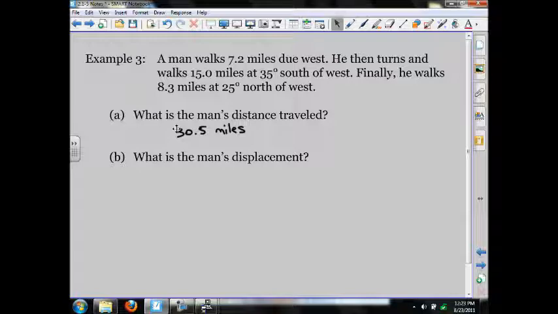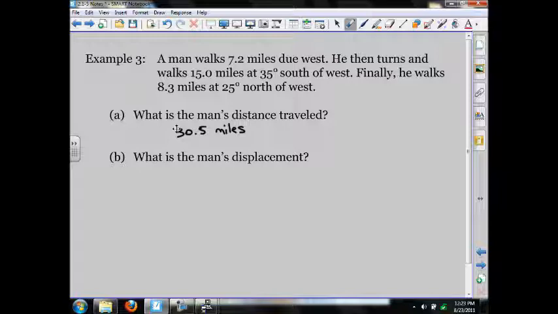Right. So the first thing he did was walk 7.2 miles due west. All right, due west, is that in the x direction, the y direction, or some of these? All in the x direction, right? Is it in the positive x or the negative x? Negative. All right.